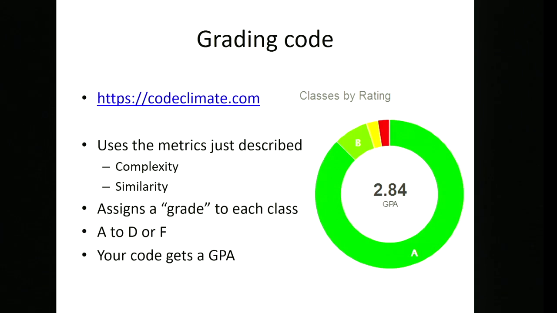It assigns a grade to each class, A to D or fail, and then you get a final score. I think you get a 4 for an A, a 1 for a D, and a 0 for an F, and then you get this score here.